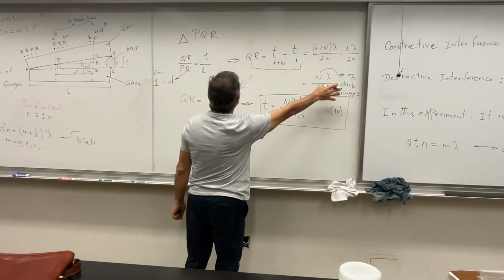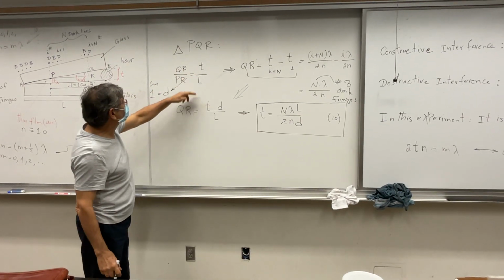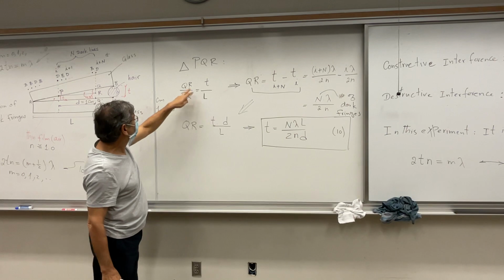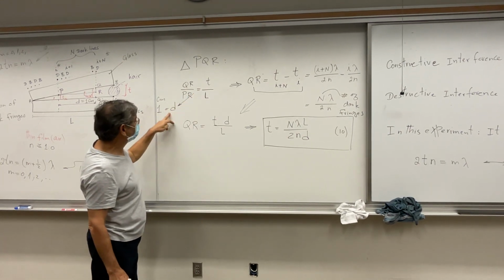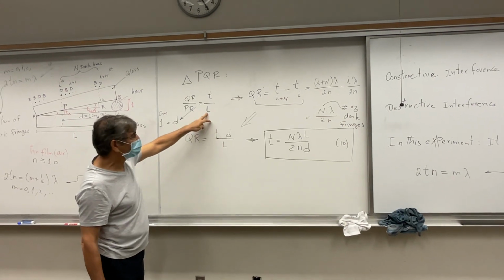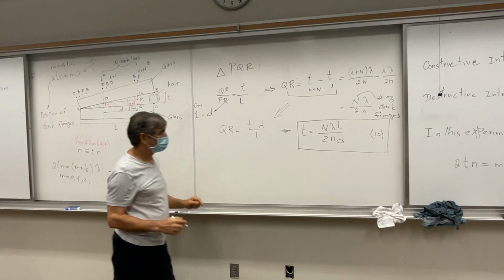So I have the right-hand side, and as far as the left-hand side is concerned, from this triangle that I explained for you earlier, QR becomes T times D, which is 1 centimeter. You're going to convert it into meters, of course, divide by L, which is the length of the whole wedge.